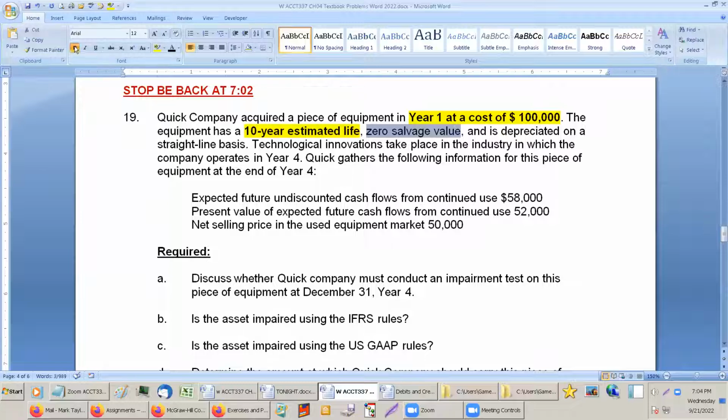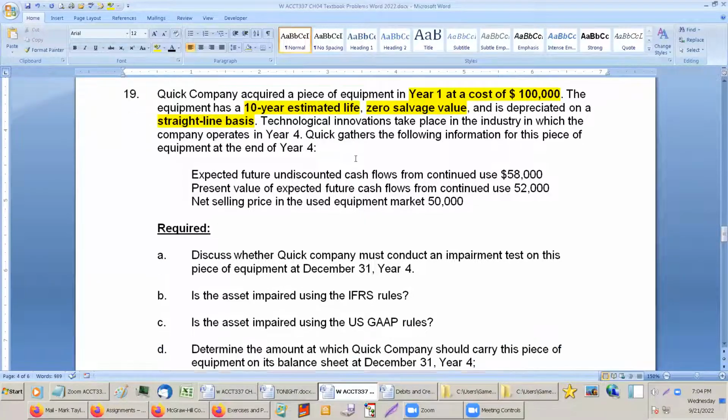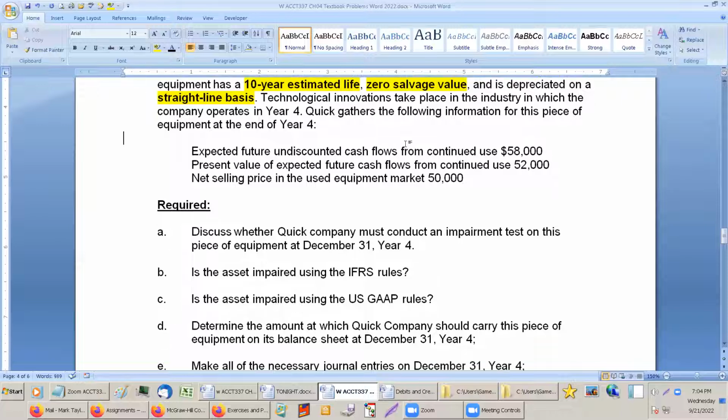That's nice, makes it easy. Straight line. Hey, even more easiness coming our way. So the company operates in year 4, and gathers the following information for this piece of equipment in year 4. Okay.